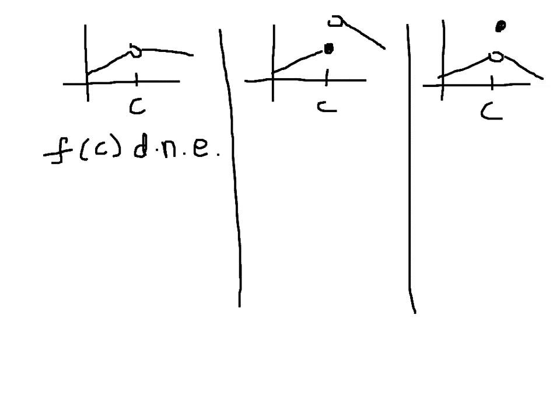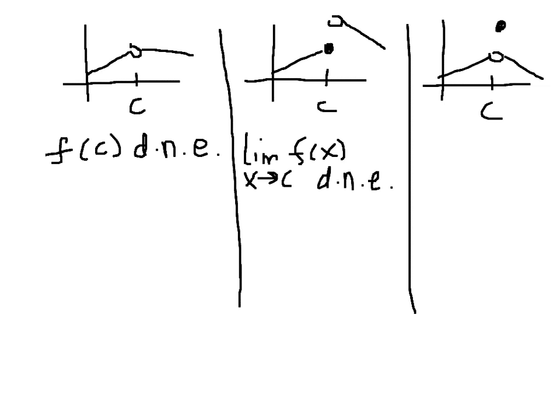The second graph function that we look at fails to be continuous because the limit as x approaches c of f of x does not exist.